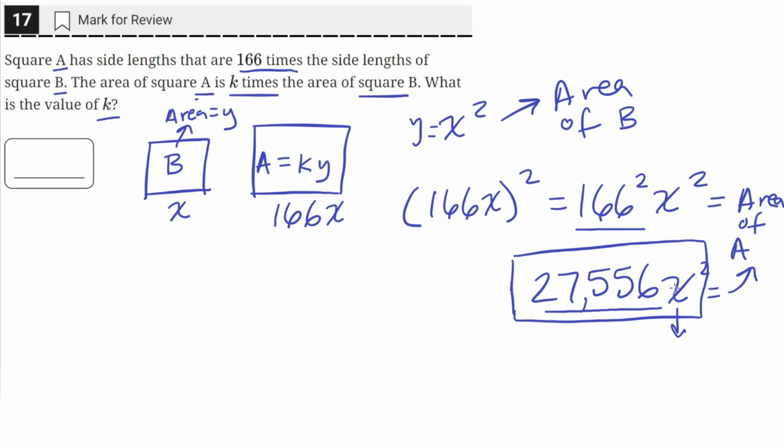So the coefficient of the area of B is equal to k. So the answer is just 27,556.